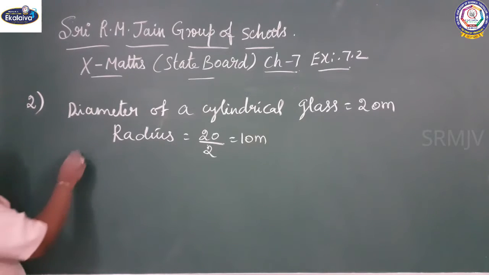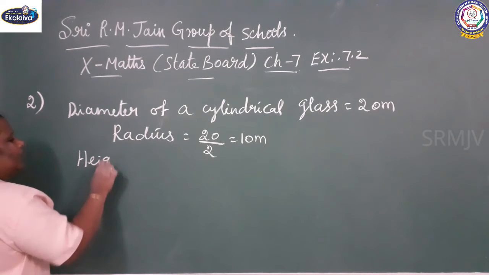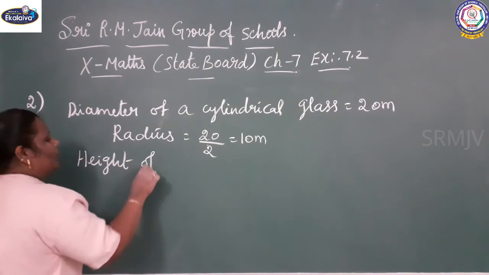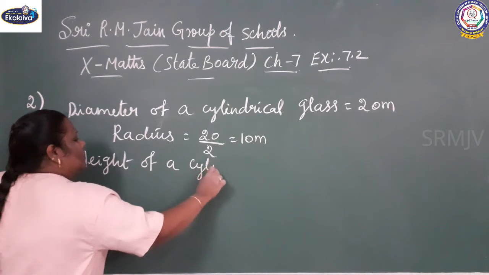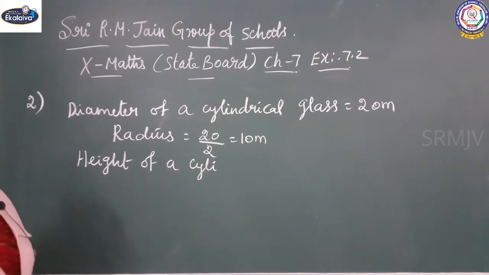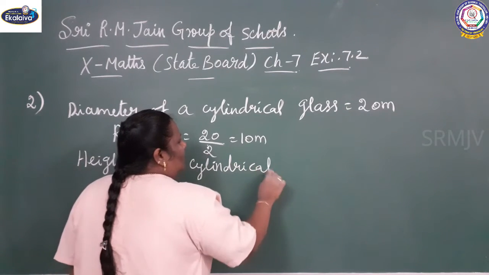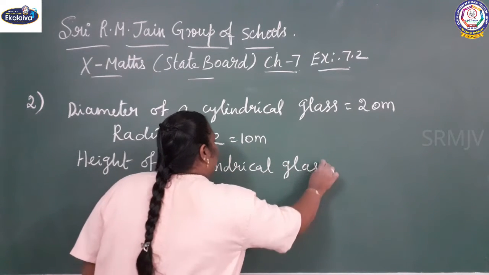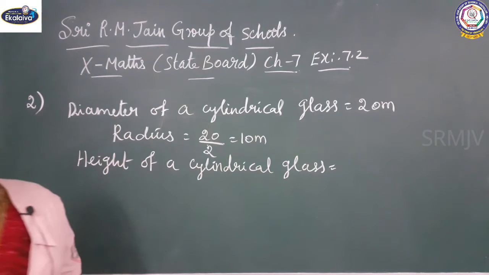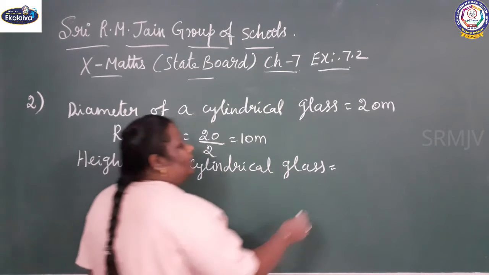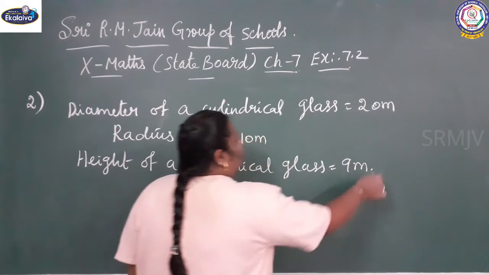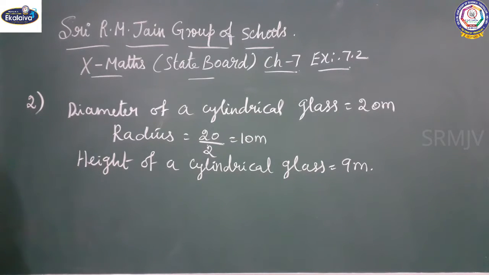The height of the cylindrical glass equals 9 centimeter.